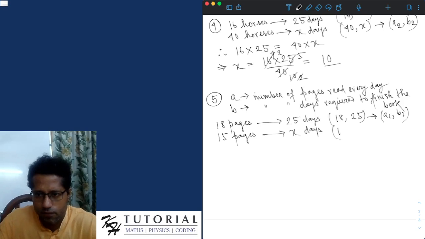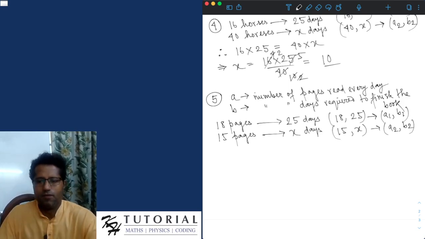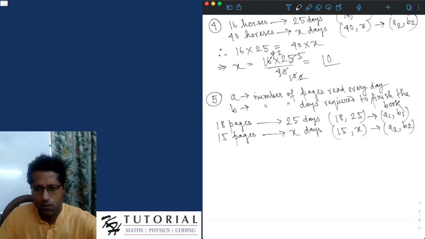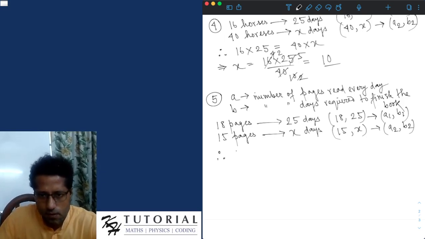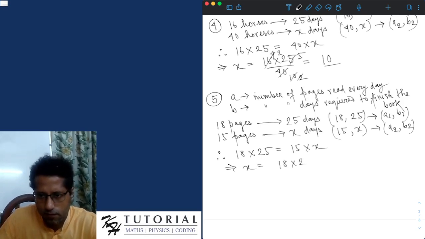Over here we have 15, X. This refers to the other values of the quantities A and B. So now we must have A1 B1 equals A2 B2. So 18 into 25 should be equal to 15 into X. This implies X equals 18 into 25 divided by 15.